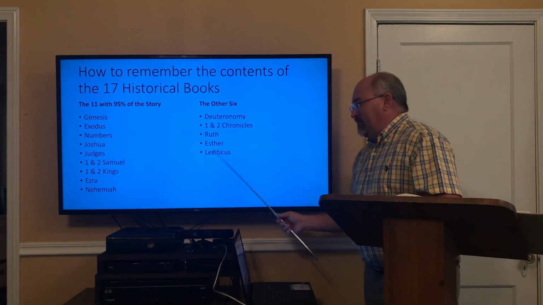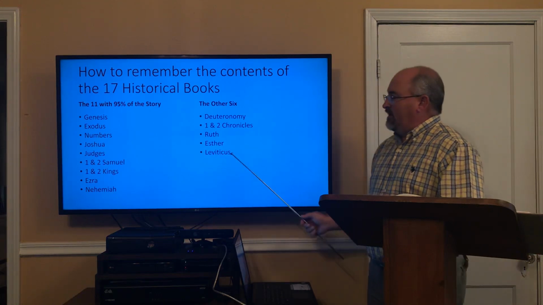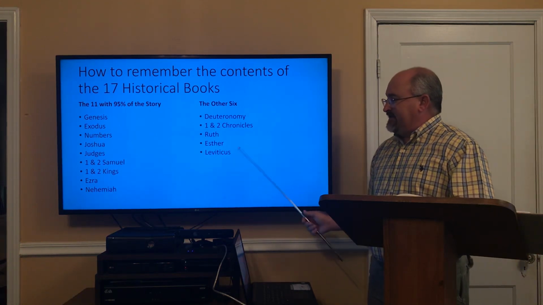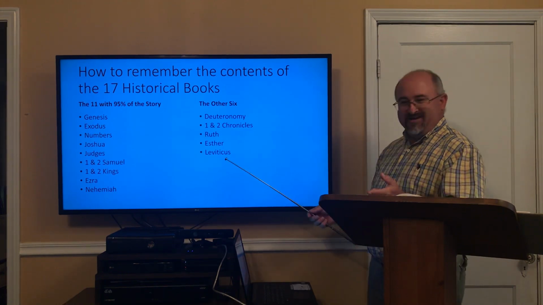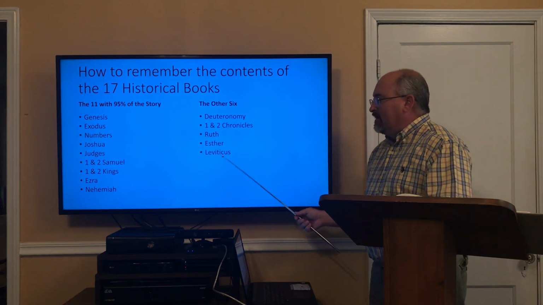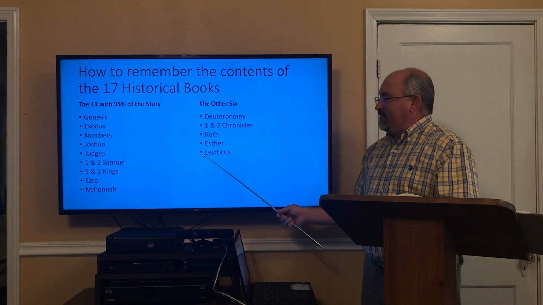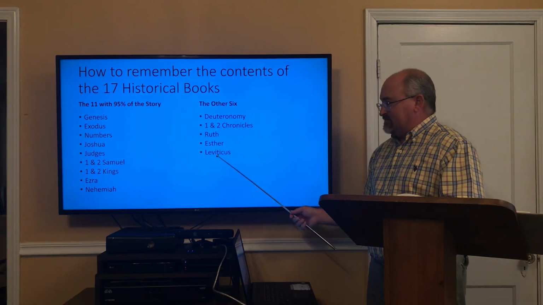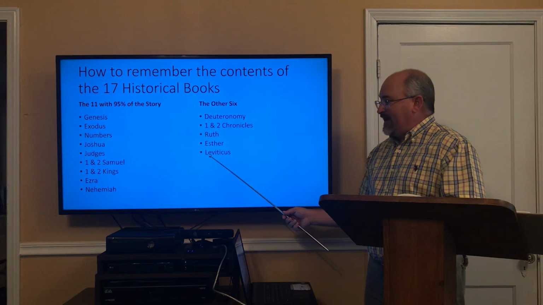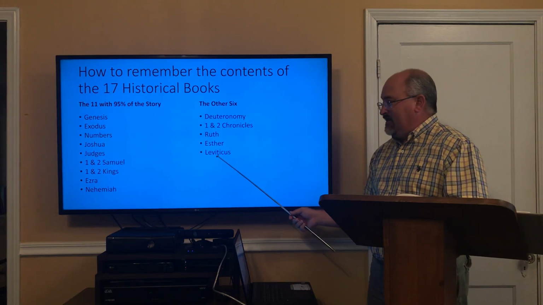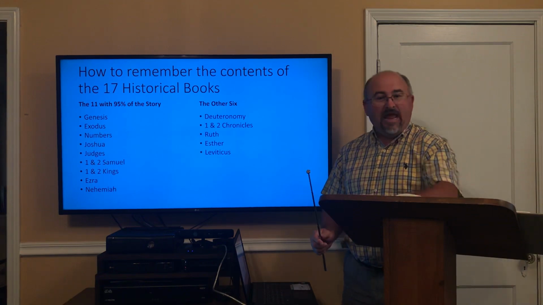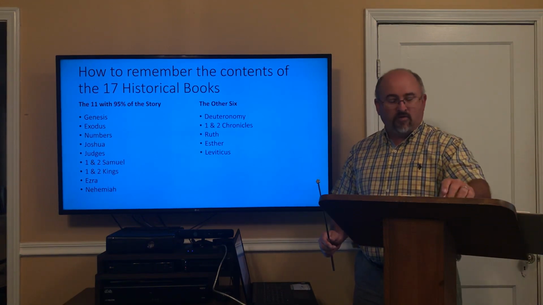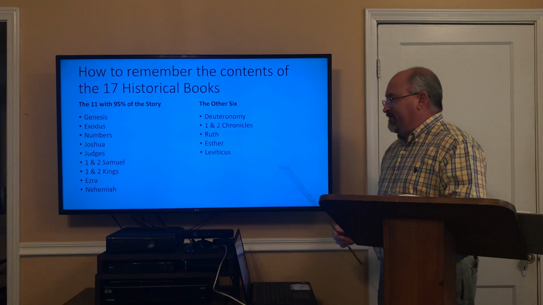So this book, Leviticus, what would I find in the book of Leviticus? The priest's handbook. Now you can use the priest's handbook. What was the tribe that God chose to be the priest? Levite. The tribe of Levi. Okay? So Leviticus is the priest's handbook and guides the priest through what they need to do.